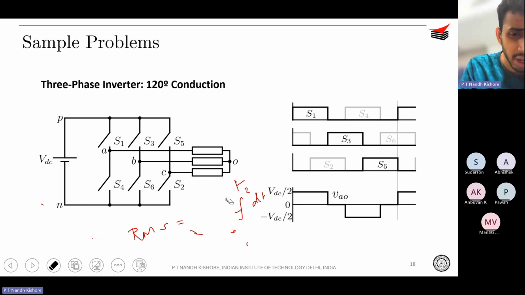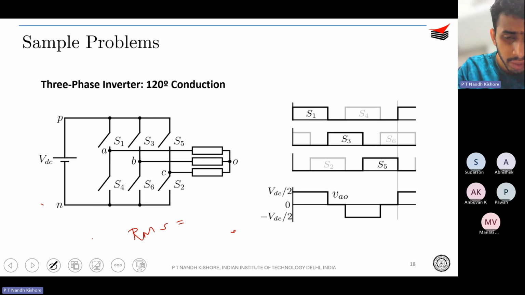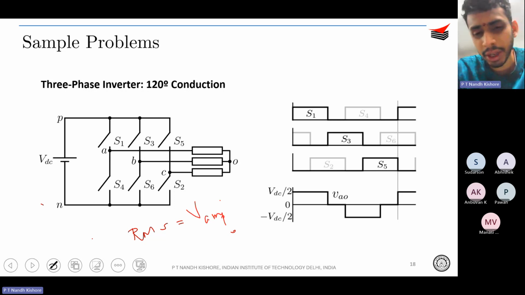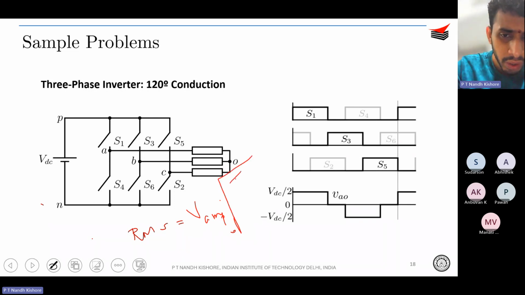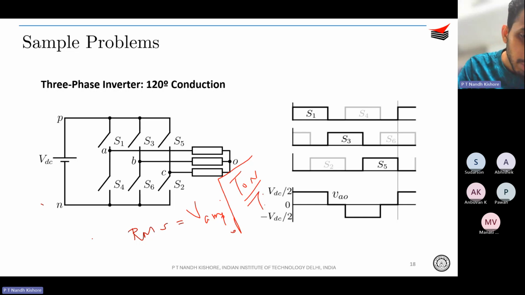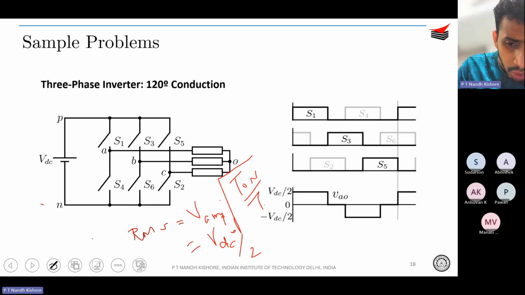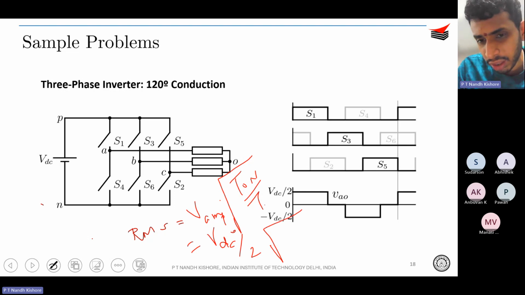So what I will write is, since it's a square wave, the RMS is basically the amplitude, V amplitude, multiplied by root over T on by T. Okay. So what is your amplitude over here? Amplitude is VDC by 2. Okay, so VDC by 2 into root over T on. What is T on? It is either plus VDC by 2 or minus VDC by 2, totally for 240 degrees. 240 out of 360.